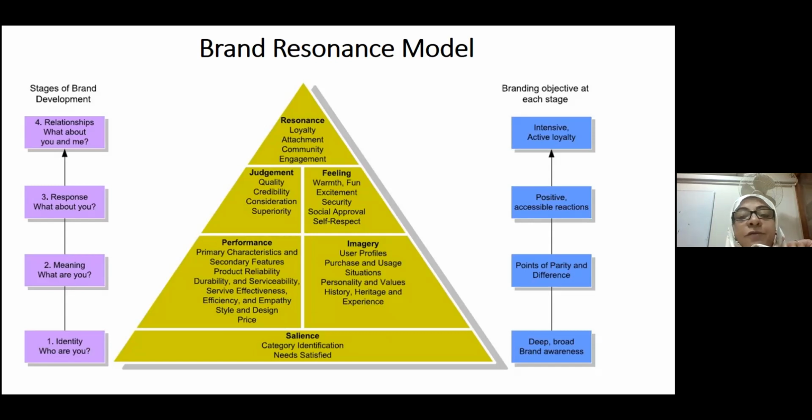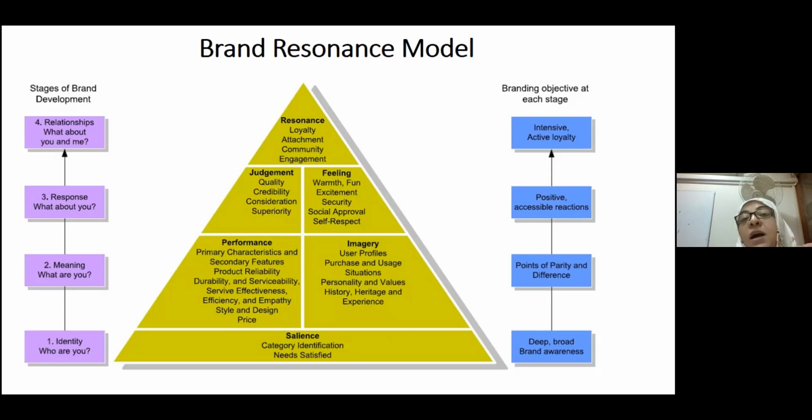Points of difference mean the factors that make your brand stand out from the other brands within the same category. Those points of parity and points of difference actually determine the meaning of the brand, in the sense that consumers make objective evaluations about the brand performance.